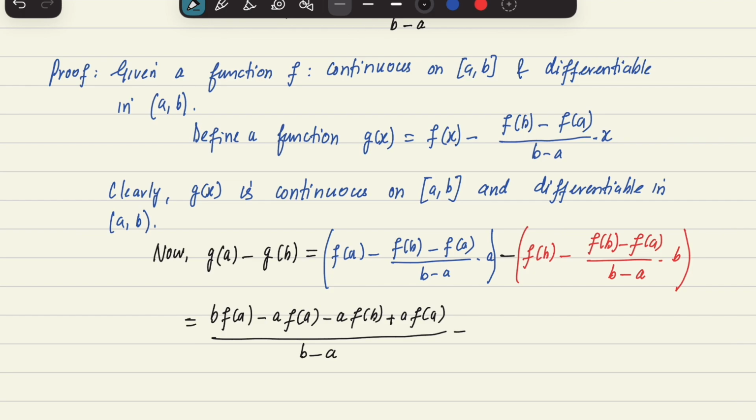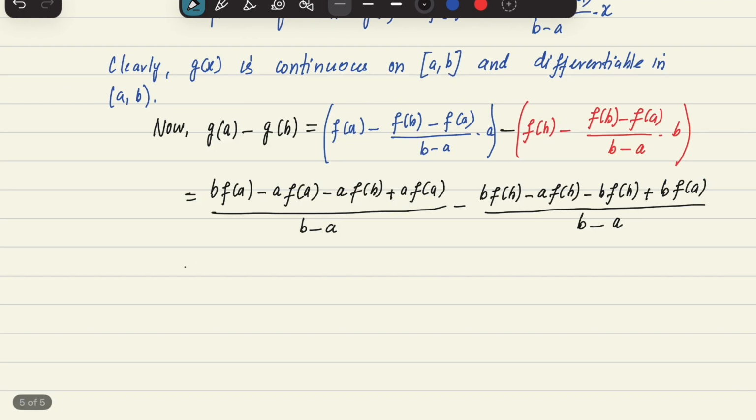Then minus, now again (b minus a) into f(b), this gives b f(b) minus a f(b). Then here we have minus (f(b) minus f(a)) into b. This gives minus b f(b), then plus b f(a), whole divided by (b minus a).